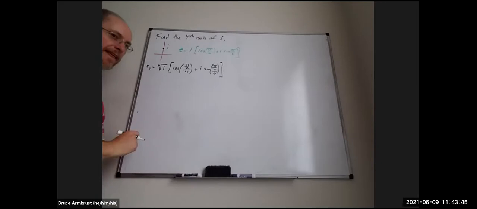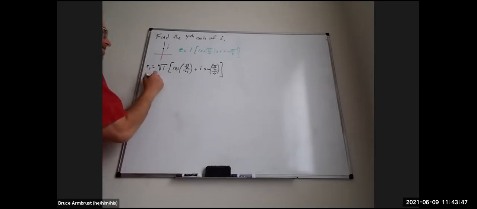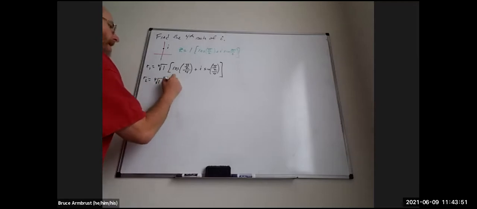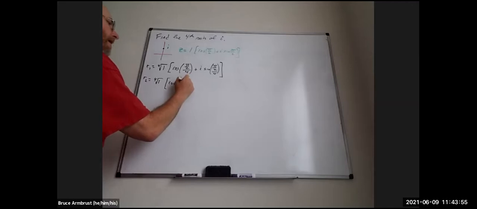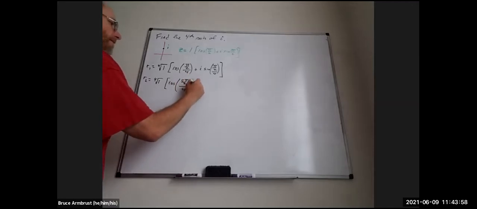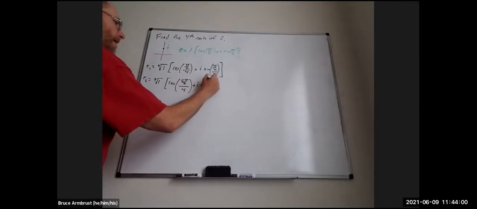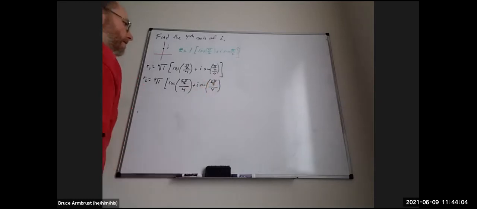So we'll simplify that in a second, but let's get the other r's. So again, we're going to get the 4th root of 1. But now we're going to get the cosine of 5 pi over 2 divided by 4, and i times the sine of 5 pi over 2 divided by 4.